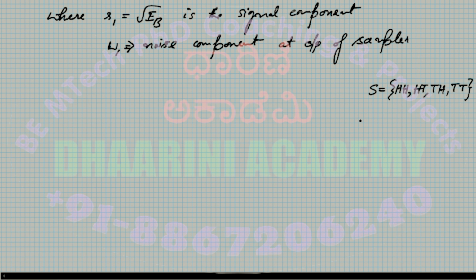Now, the sample space is not the random variable. I'll bring the word random variable into the picture. Let's say when I toss the coins, I'm doing some experiment. I will try to measure the result of an experiment by using what is called a random variable.